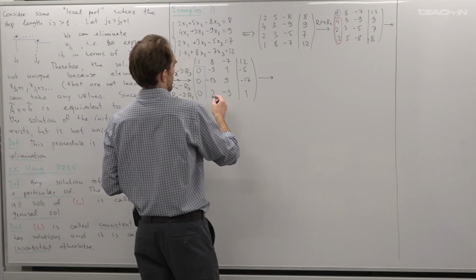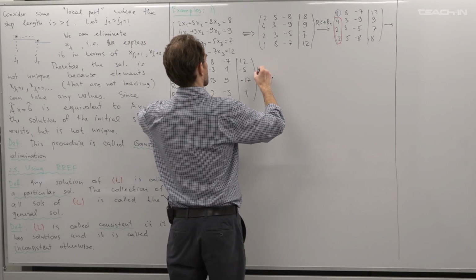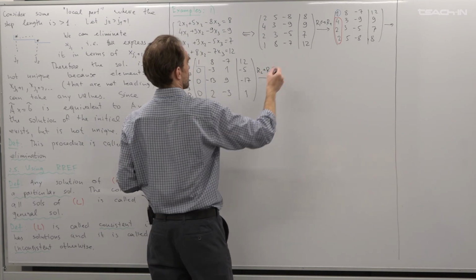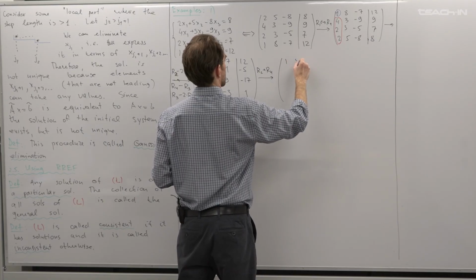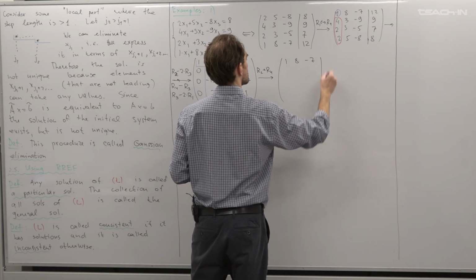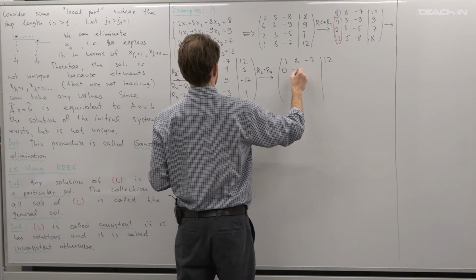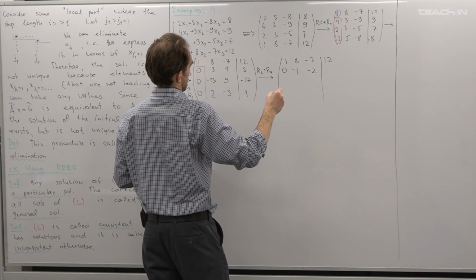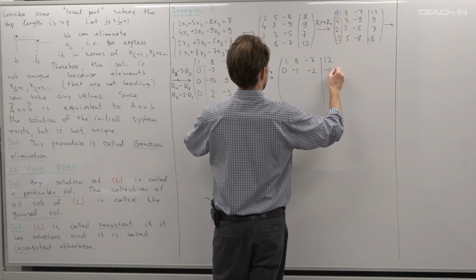So first of all, I will add the fourth row to the second one. So R2, row 2 plus row 4. And at this step, I will keep all other rows unchanged. So we have 0, then minus 1, then minus 2, and then minus 4, I think.